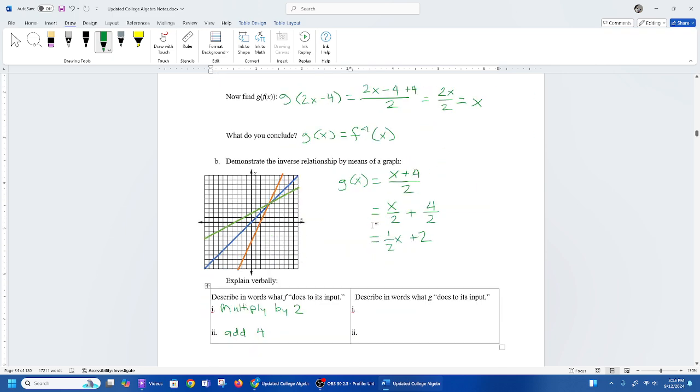Oh, I'm so sorry, we subtract 4. In g of x, first we add 4, and then we divide by 2. So we're doing the opposite operations in opposite order.